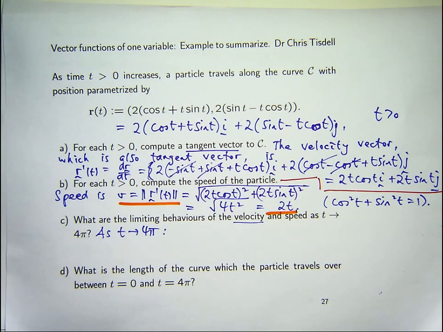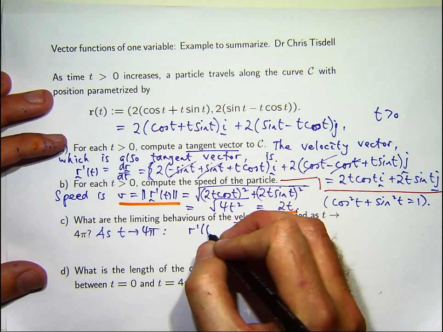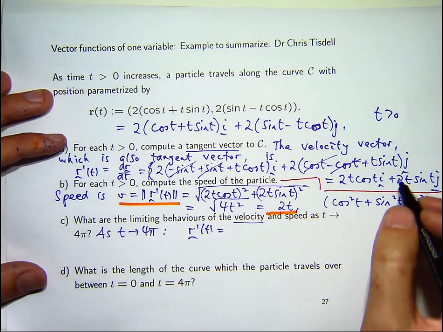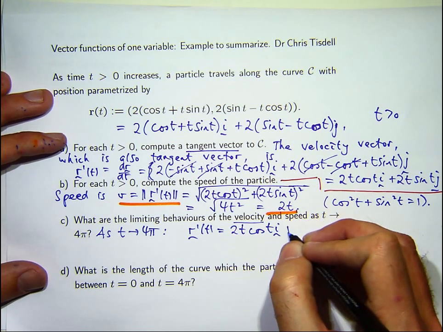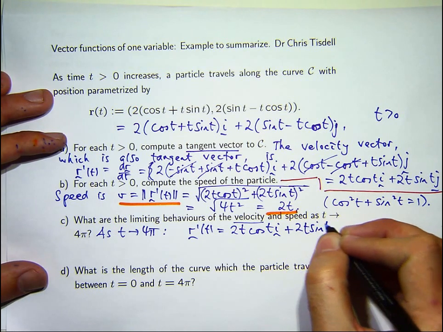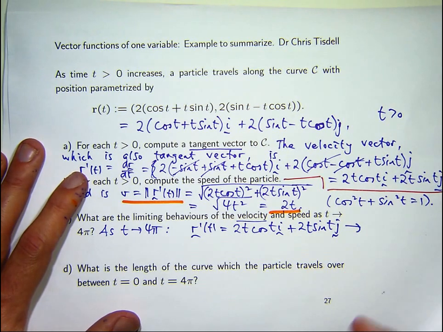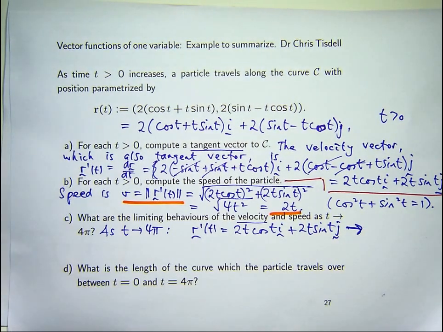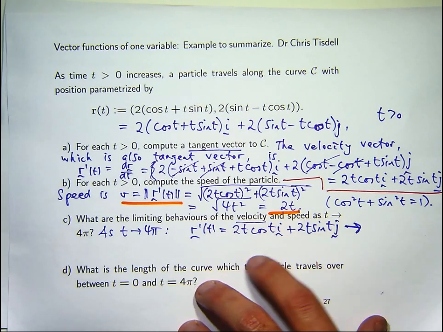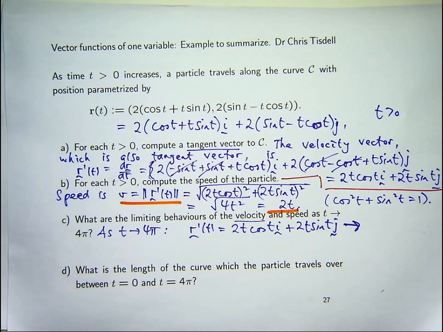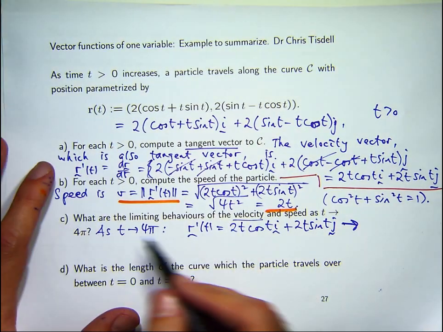Okay? So, let's look at the velocity function first, or the velocity vector, sorry. Well, what's this going to go to as t goes to 4 pi? Well, both of these are continuous functions, so I just take the limit of that and the limit of that and write my answer as a vector. So 2t goes to 8 pi.